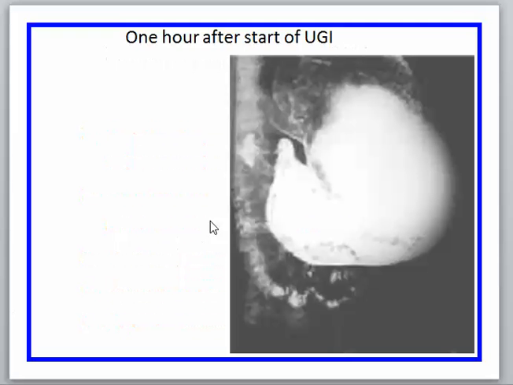So what is this? If you say 1 hour after the start of the upper GI examination you still have this dilated stomach and the cap is going towards the spine, and here there is a long pyloric canal, it will be hypertrophic pyloric stenosis in a child.